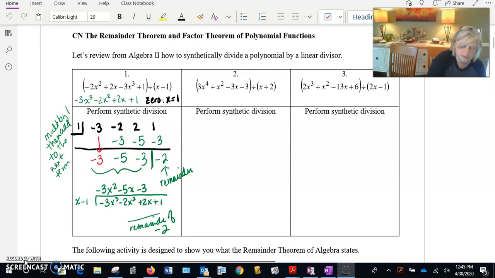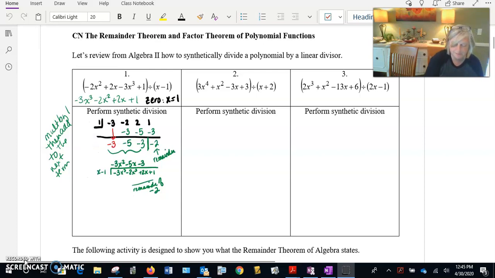Now, let's write these in a couple of different forms. I'm just going to shrink this down to give myself enough room here. I know it always makes my students mad when I do that. So what that tells me, in terms of division, is we were taking negative 3x cubed minus 2x squared plus 2x plus 1 and dividing it by our divisor, x minus 1.